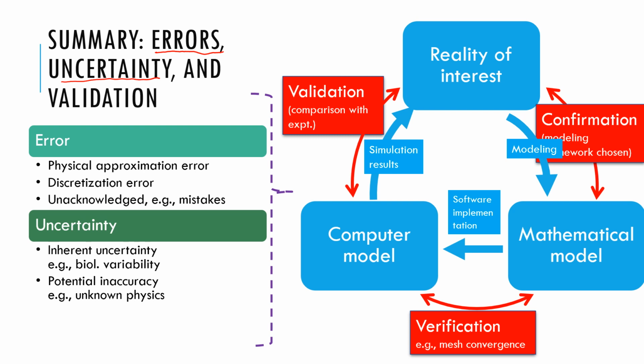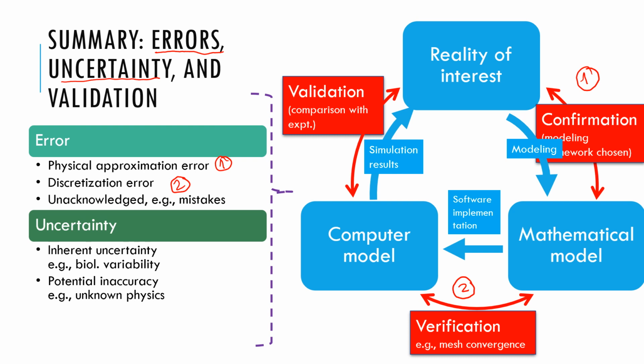For errors, the two primary sources of error are the physical approximation error and discretization error. Physical approximation error happens here, and then the discretization error happens here in doing the computer model from the given governing equations and boundary conditions.